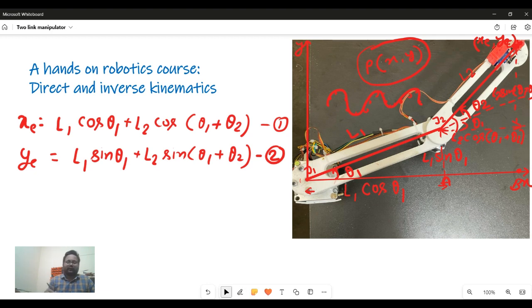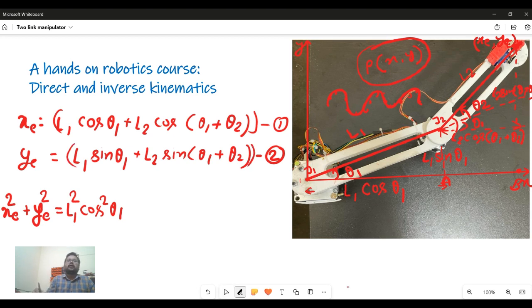So let's start finding. Just square both sides of equation 1 and equation 2 and sum. So this will be x square plus y square equal to L1 square cos square theta 1, because I am squaring the complete right side, like a plus b square kind of thing.